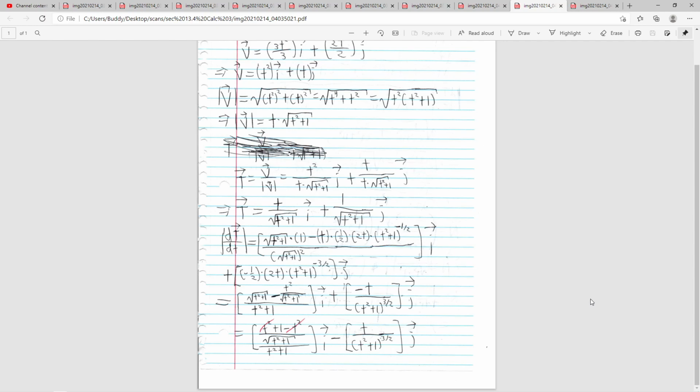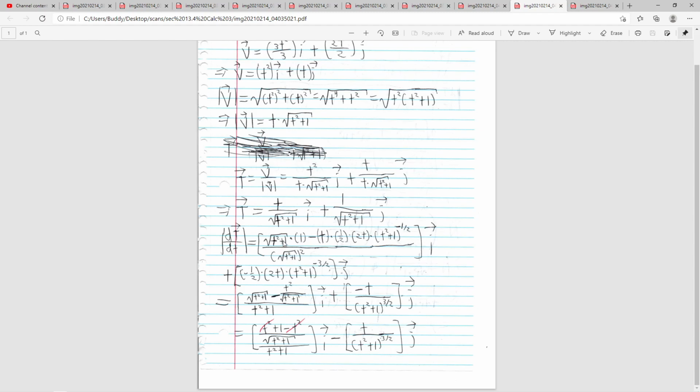You have your i and j values, keep them separate. Now j is t over t squared, plus negative t technically. It's negative t divided by t squared plus 1 to the 3/2 power in the end. But what's happening in the i component is more interesting.